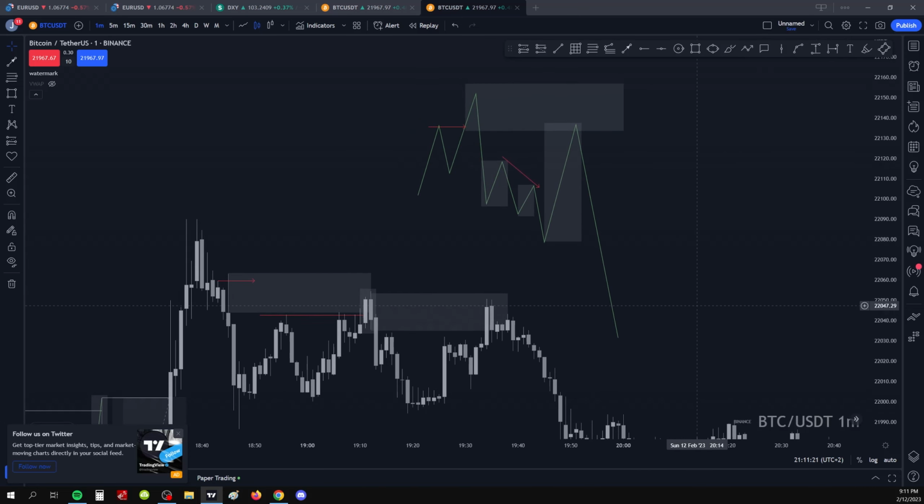And I'm gonna draw you what happened there. It went back to the SNR line, to the breaker zone, right? It went down again, and it went to mitigate it properly, and then went down.